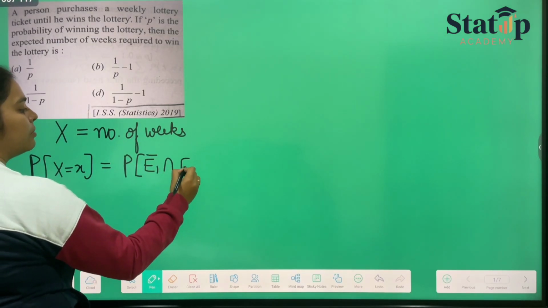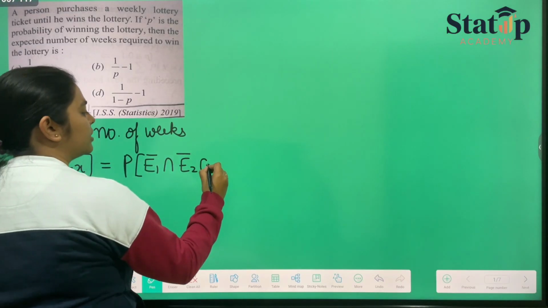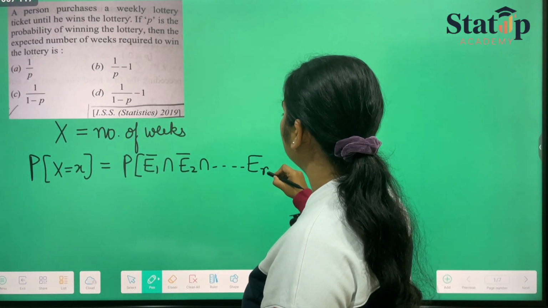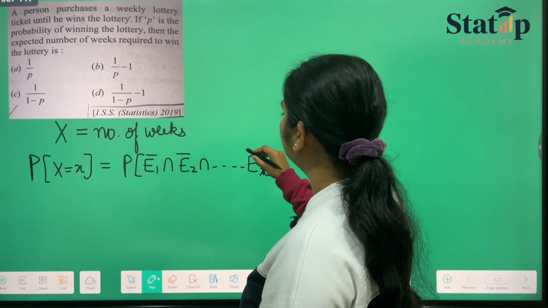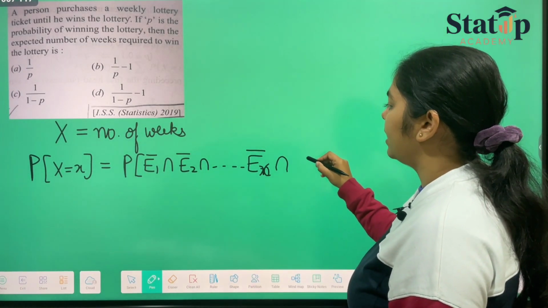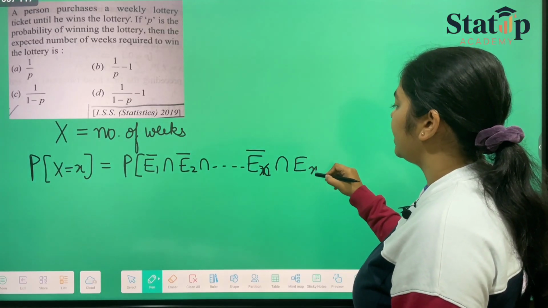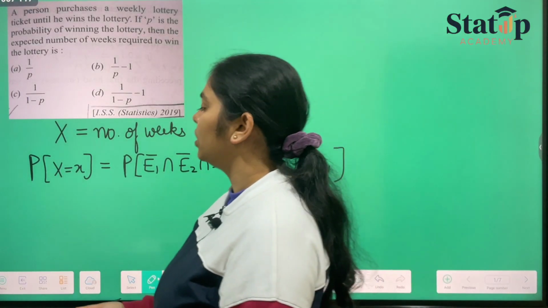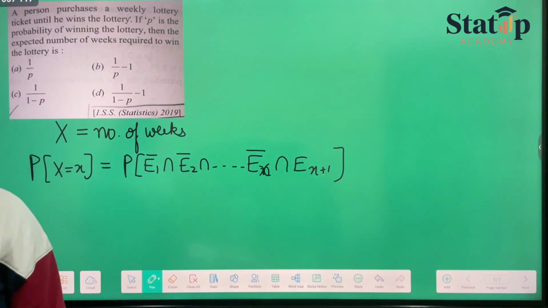Then the second time it did not win, so I will put a dash. Up till the xth time it did not win, but it won at the end, which is at x plus 1. At x plus 1 time it won.